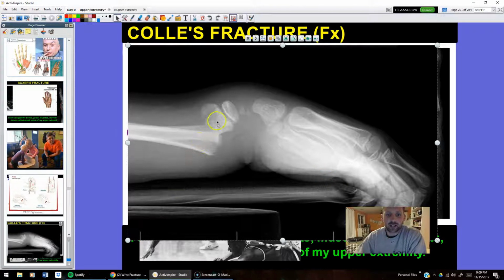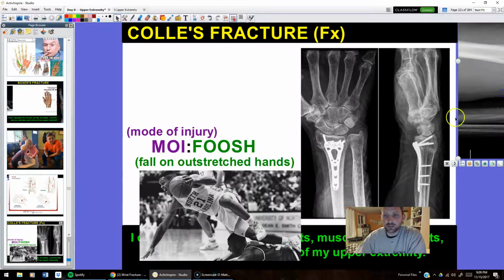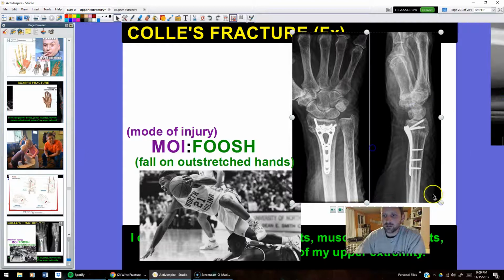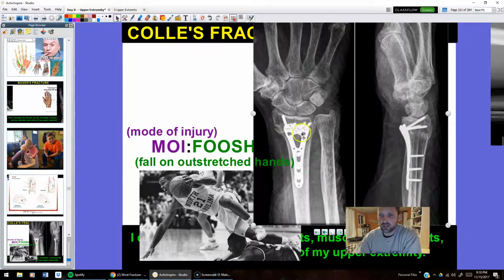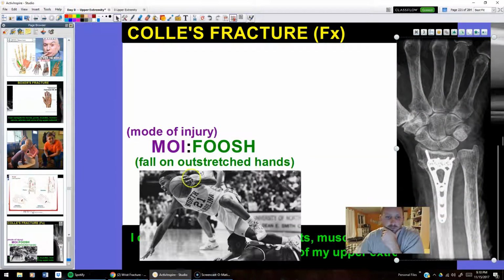So a Colles fracture, guys, is a fracture of the distal radius or distal ulna. You can see these pins set in this radius, actually screwed in, this metal plate that's screwed in. This is a Colles fracture. A distal fracture of the radius is the most common, but it can also include the ulna. And the MOI is FOOSH.